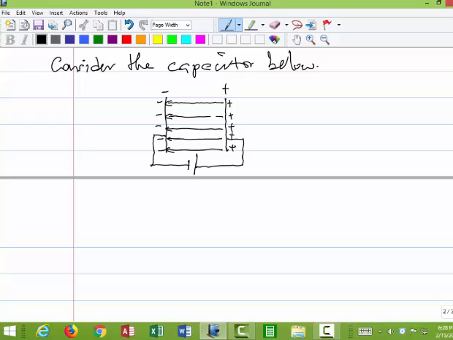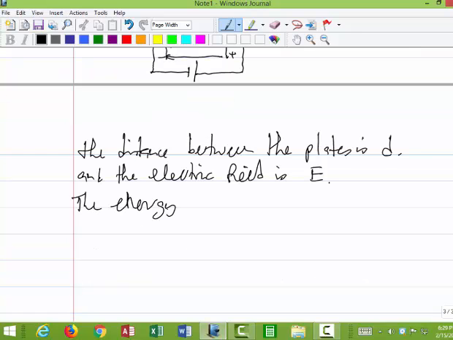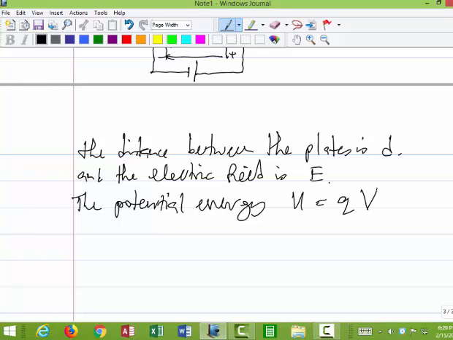So let's say that the distance between the plates is D, and let's do the electric field first. The electric field is E. So we have an electric field E and a distance D between the plates. Potential energy U is equal to the charge Q times potential V. So we already know that, where V is the potential.